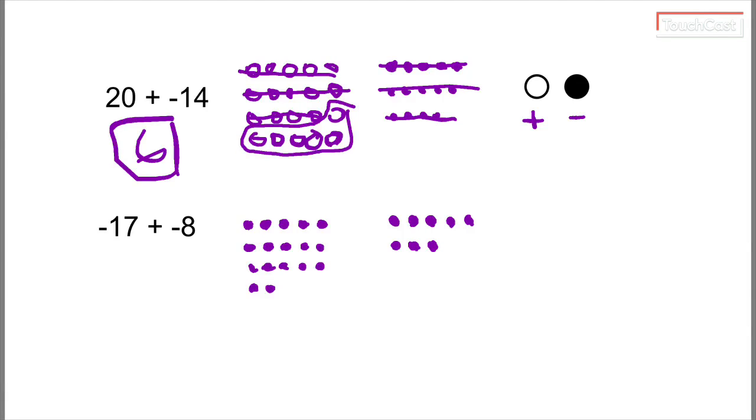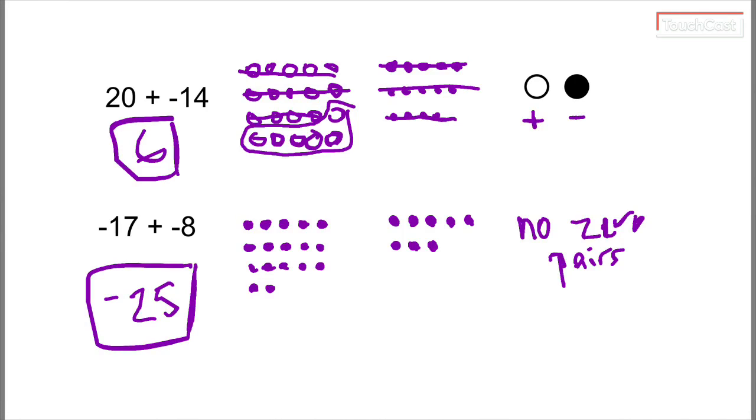If you notice, we don't have any unshaded circles, so there are no zero pairs. There's nothing for us to cancel out. We have a total of 25 circles, and they are all negative, so our answer is negative 25.